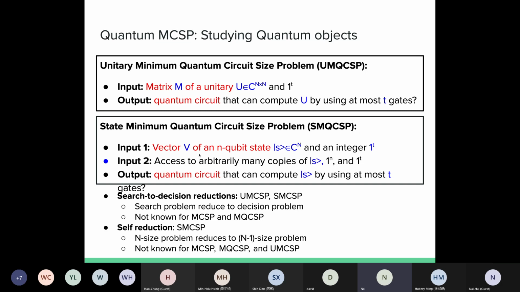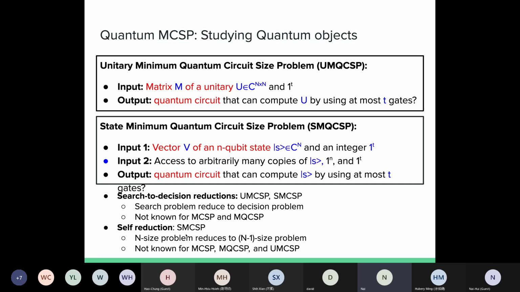Take this as an example. You are given an n-qubit state and an integer 1^t. Then we can prove that if you can solve the problem with an n-1 qubit state, then you can still solve the same problem. That's called a self-reduction.